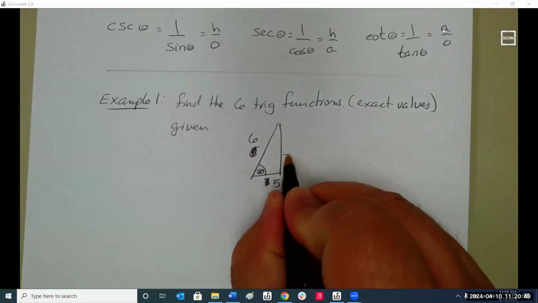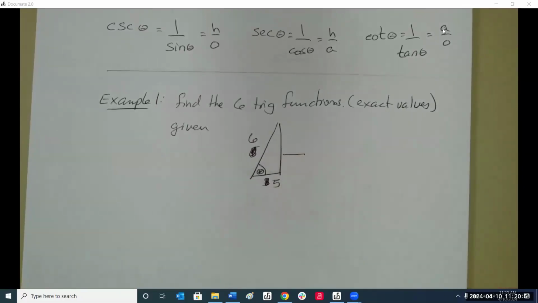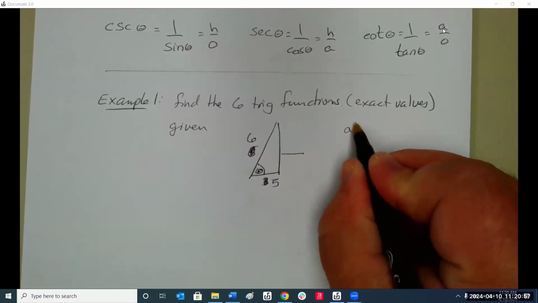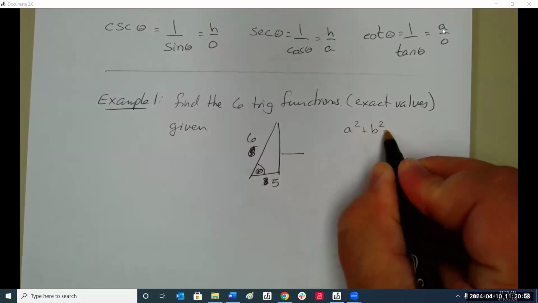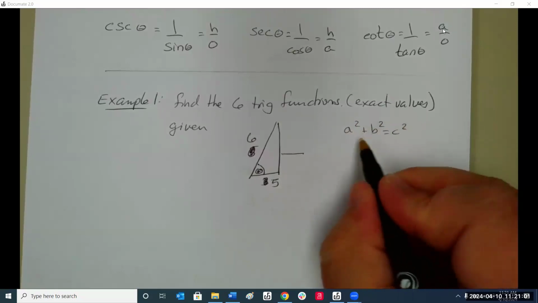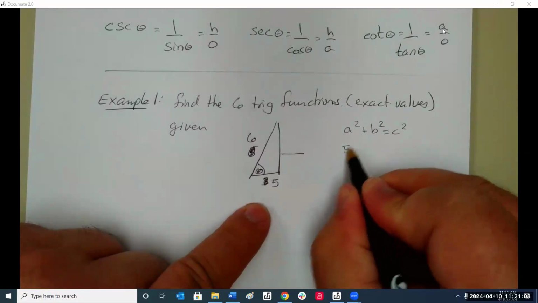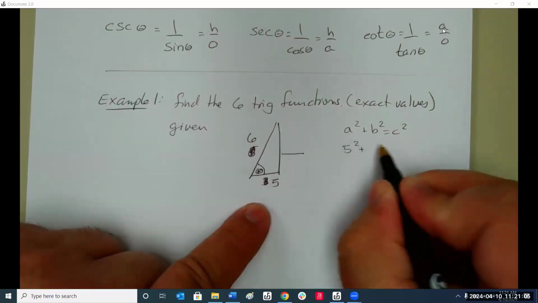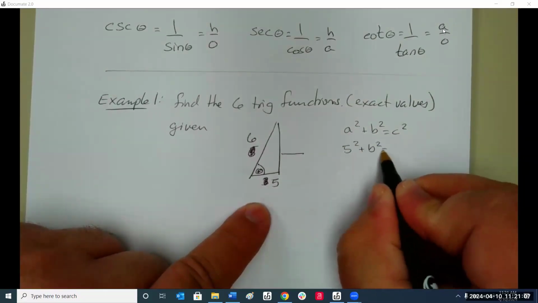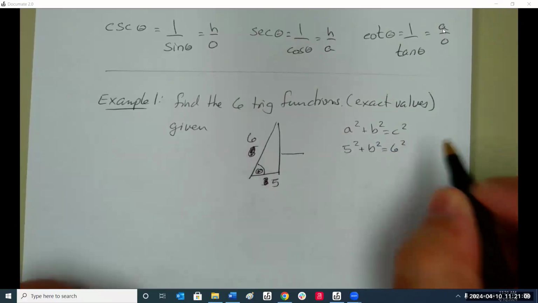So what's this side length? Let's see. We have a squared plus b squared equals c squared. 5 squared, we don't know what that one is. We know that's 6 squared.